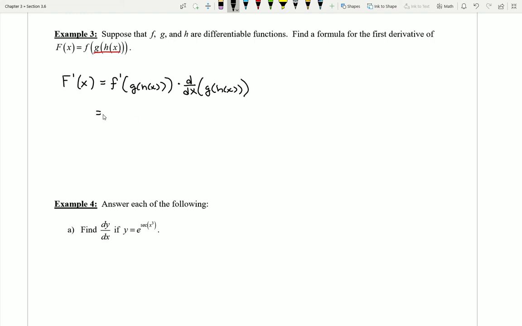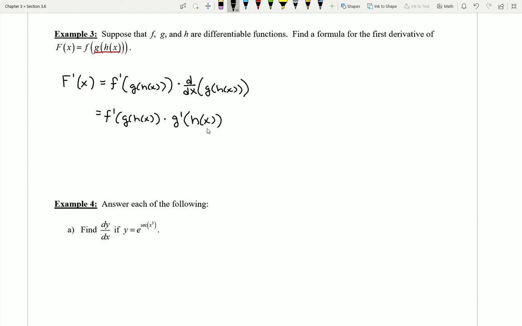Now, of course, if I wanted to continue to work with this, I'd have to be able to figure out what the derivative is for what I have here. But what I'll notice is that this is also a composition of functions. I have g with some stuff plugged into it. So to take that derivative, I would start with the derivative of g, and I would leave its inside stuff alone.